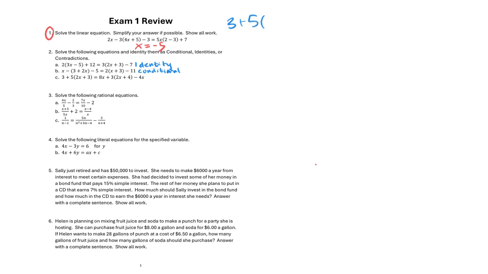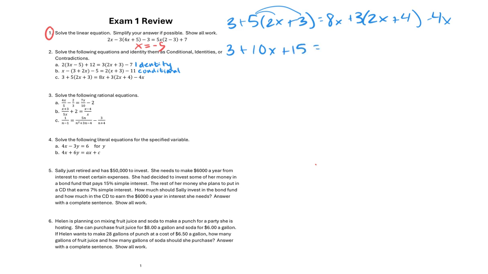Our last one is 3 plus 5 times (2x plus 3) is equal to 8x plus 3 times (2x plus 4) minus 4x. Okay, simplifying this down, this left side, we need to distribute. So we're going to have 3 plus 10x plus 15. And on this right side, we're going to have 8x.